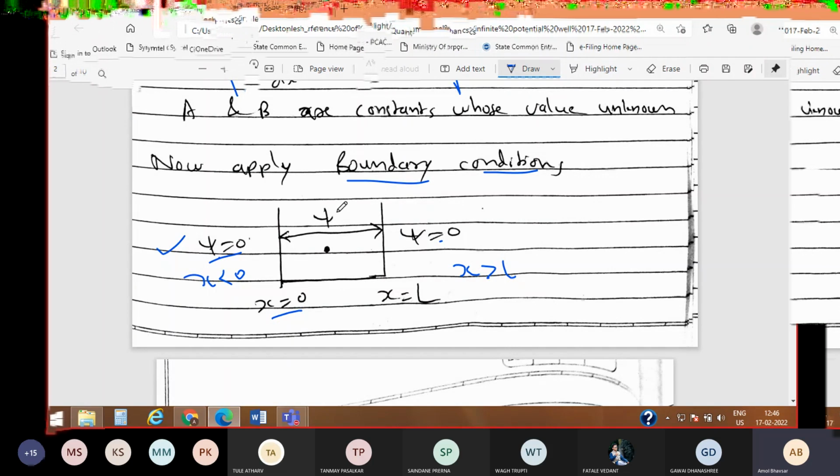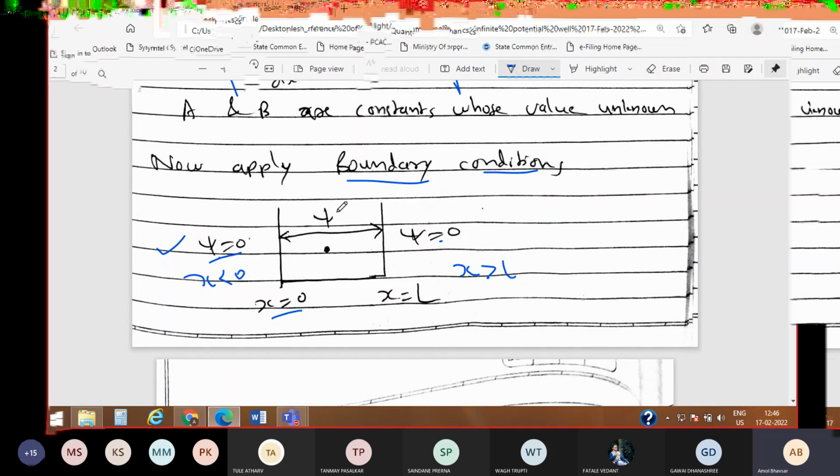Now our equation, sine of minus kx is equal to what? We know that sine of minus kx is equal to minus sine of kx. You can write it this way. So we write this sine of minus kx as minus sine of kx, okay. You just remember this point.